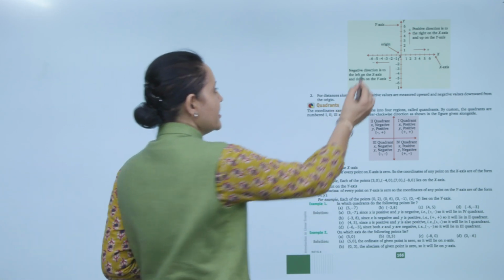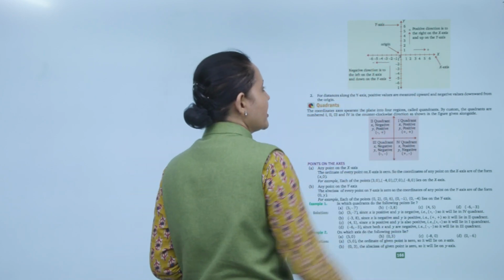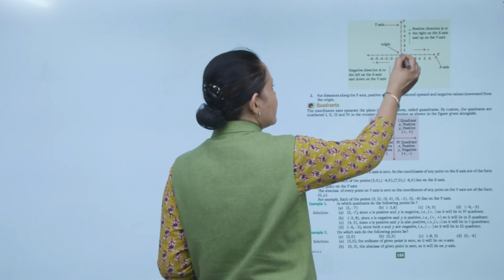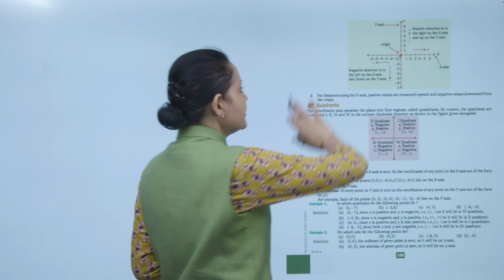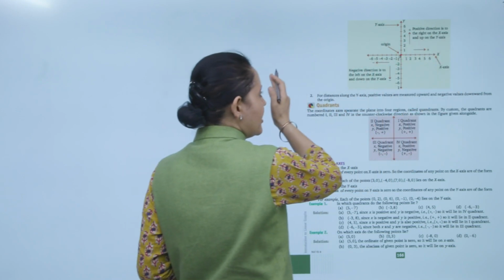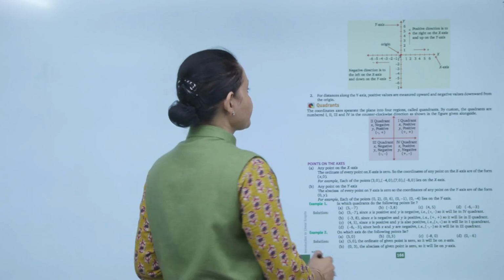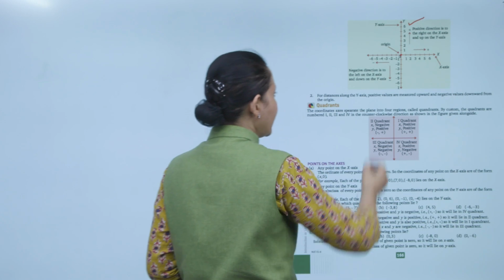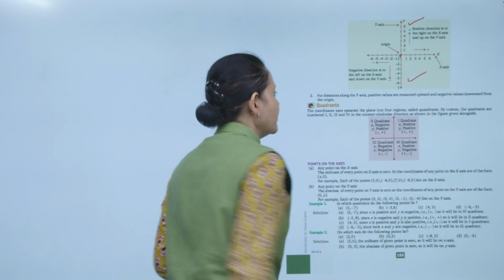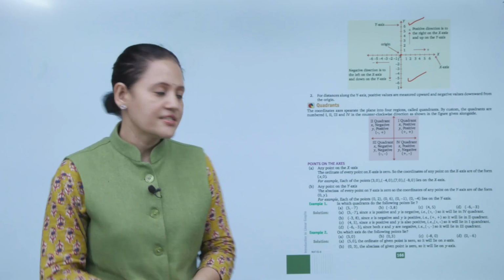So, here this is the x-axis, the horizontal axis, and this is the y-axis, the vertical axis. This point is the point of origin. On the x-axis, the right side is positive numbers, the left negative numbers. On the y-axis, positive values are measured on the upward side and negative values on the downward side. Clear?